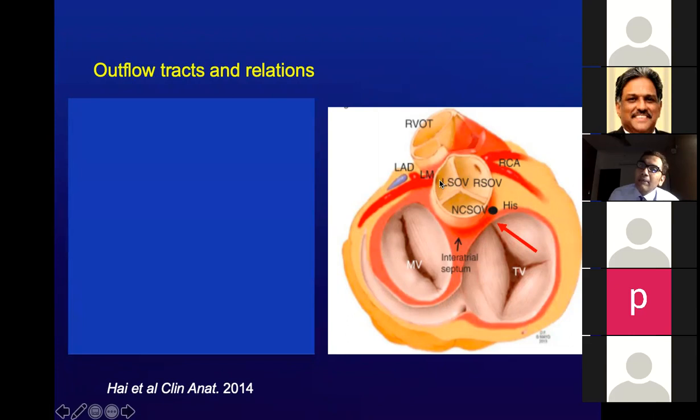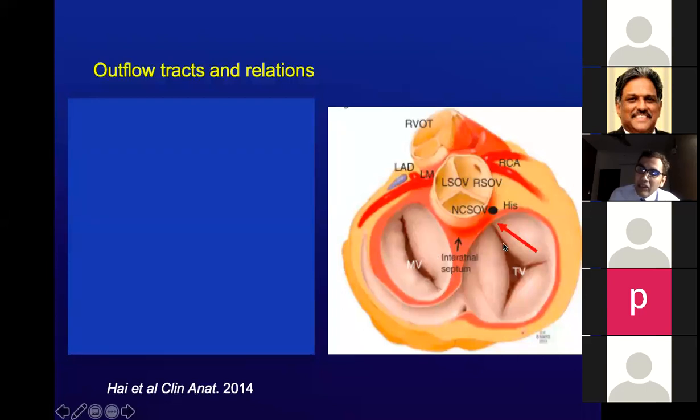So when you get blood vessels coming out from the left coronary sinus of Valsalva and the right coronary sinus of Valsalva, these are on two different sides of the heart, whereas the non-coronary sinus of Valsalva is essentially close to the interatrial septum. So remember we talked about going transseptal?